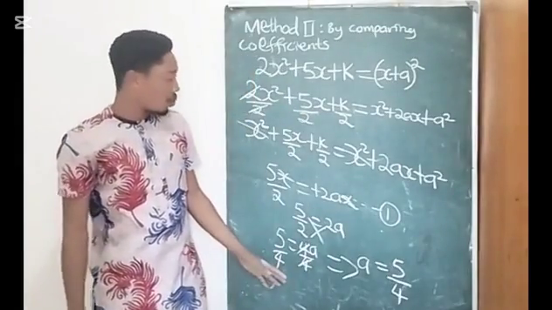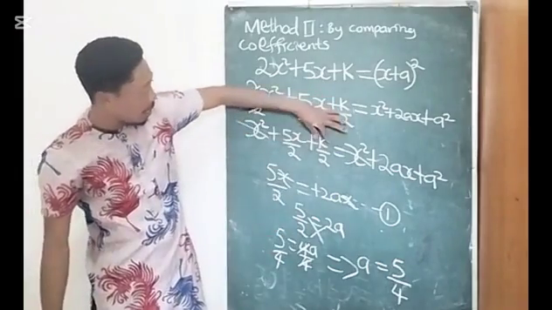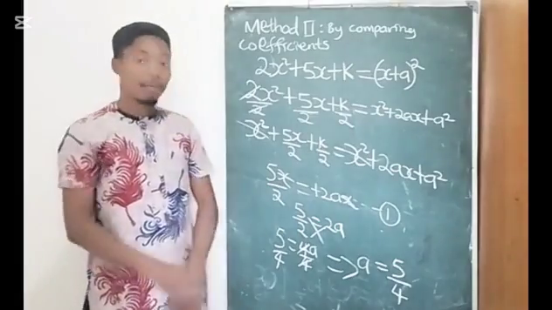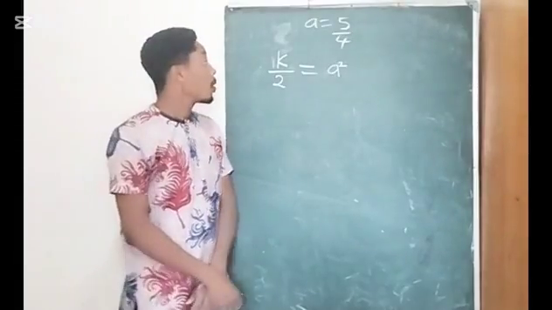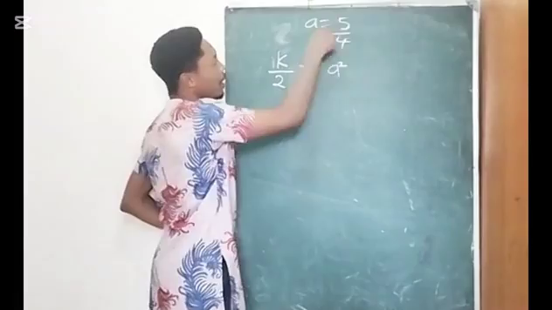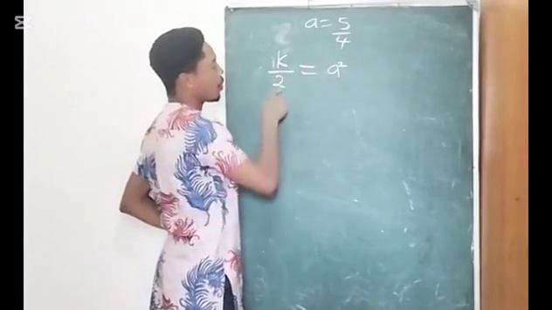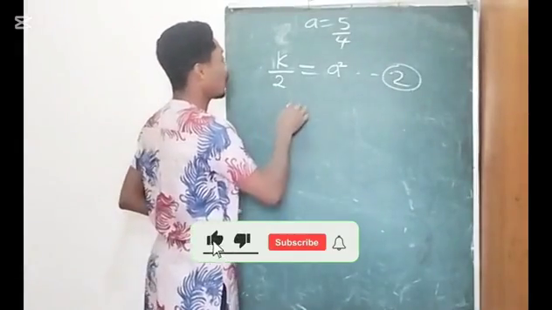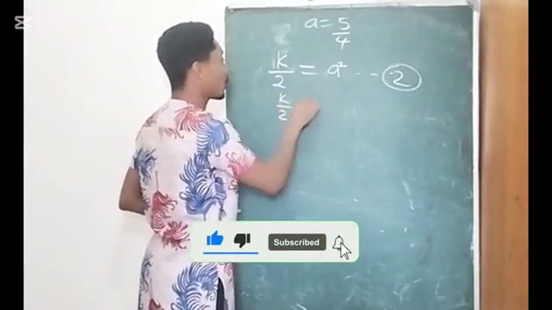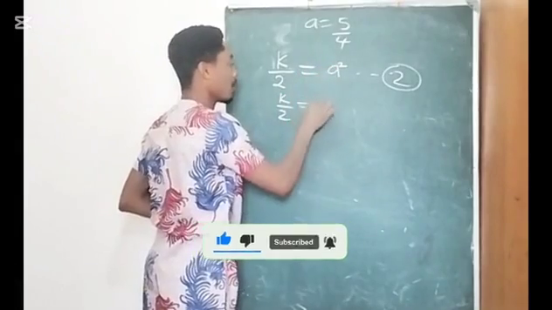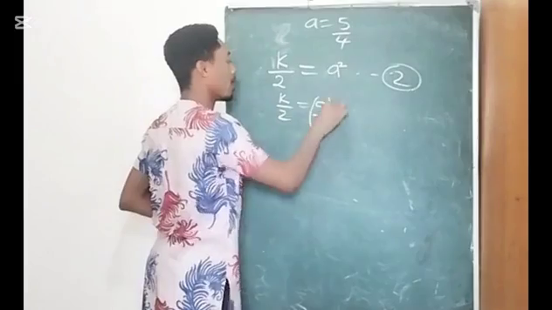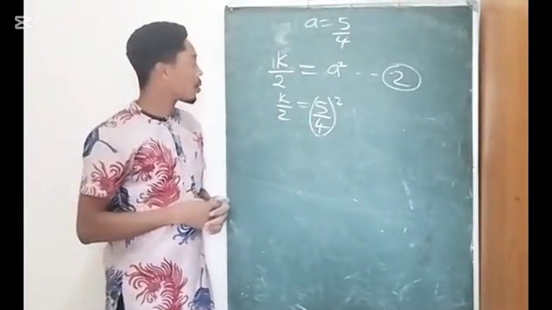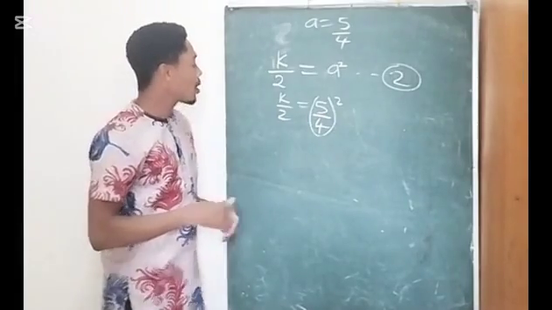The next thing we're going to do is compare k over 2 to a squared. So moving forward, a equals 5 over 4, and k over 2 equals a squared. That's equation 2, another comparison. So remember that k over 2, I'm substituting a in there. So this is 5 all over 4 all squared.